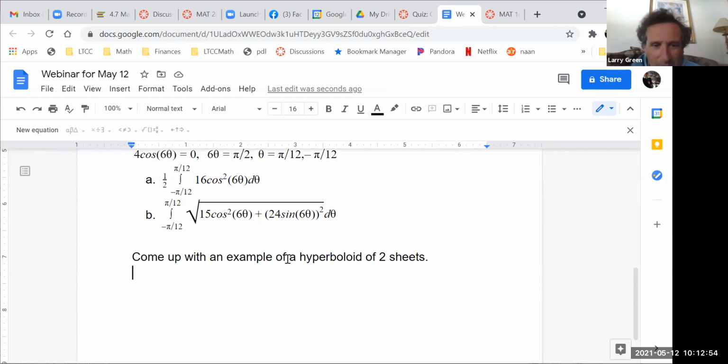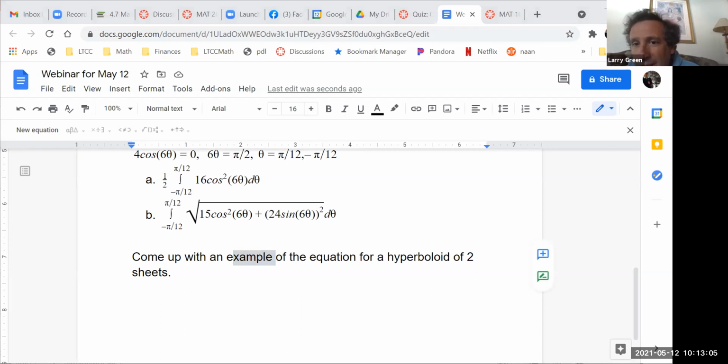And maybe I'll write an example of the equation for a hyperboloid of two sheets. Notice example, not general formula. So come up with an example of a hyperboloid of two sheets. It shouldn't take you more than a minute, especially if you choose easy examples.